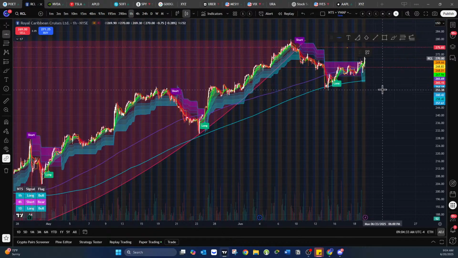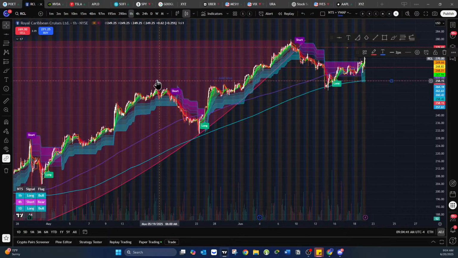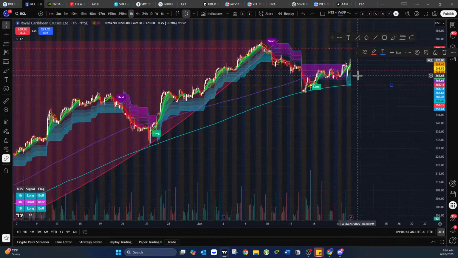And as you can see, we're pretty much around this area. This is where it struggled last time. This time had a nice breakout to the upside.